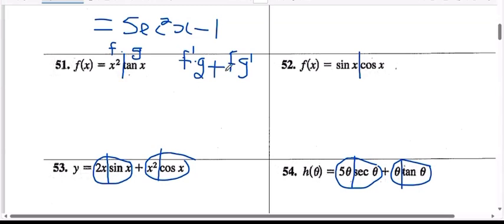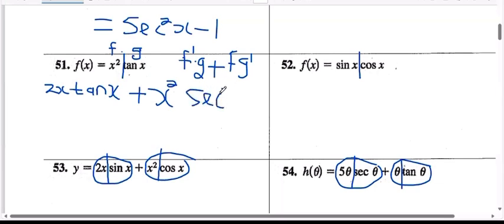When you take a look at what I have here, differentiating f gives 2x, right? So don't differentiate g; I'm going to write tan x. Then plus f, I'm going to write x squared. Then differentiating g, when I differentiate tan x, it's going to be sec squared x.